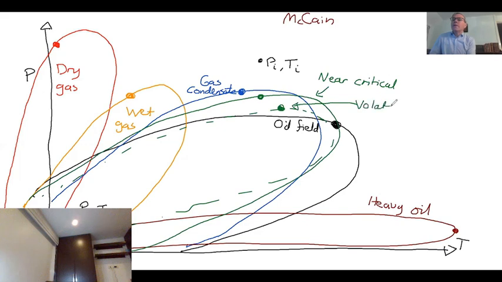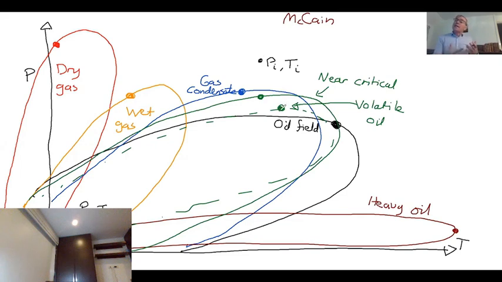Right. And I'll explain these a little bit. So let's imagine that we have the critical point that's really quite close to the initial conditions. Okay? So in this case, this is still an oil field. As you can see, it's to the right, but the critical point is quite close.